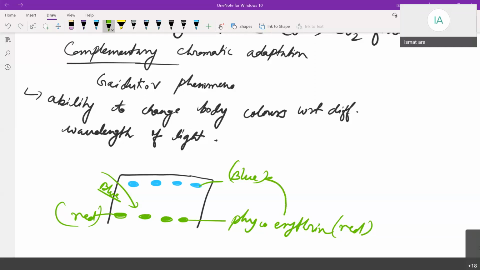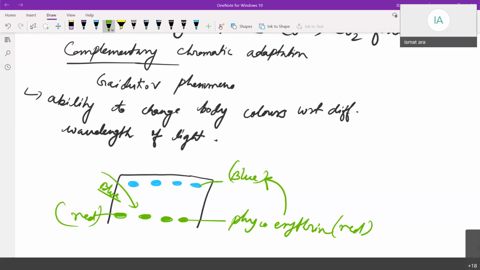Try to understand the phenomenon. They are red in color, but they absorb blue color light. So by absorbing blue light, they appear red in color.